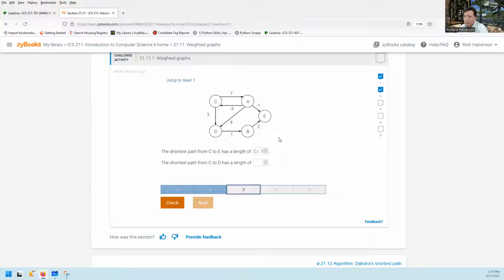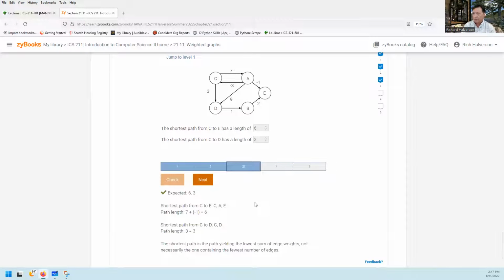You can go to A and then to E, and you can go to D and then to B and then to E. So I guess it's 6. The shortest path from C to D is length 3. Okay. Why do I have a feeling I may get something wrong? All right. Oh, very good.